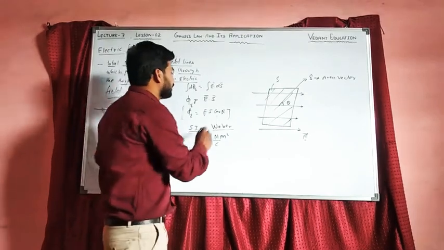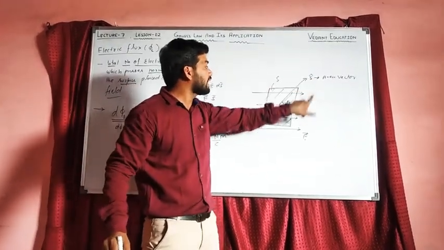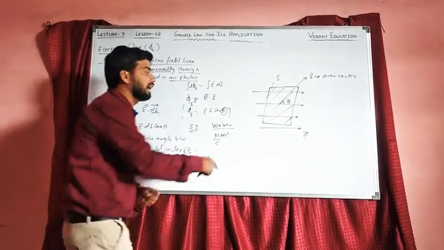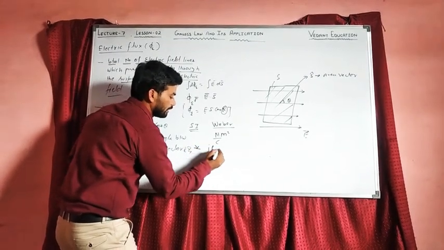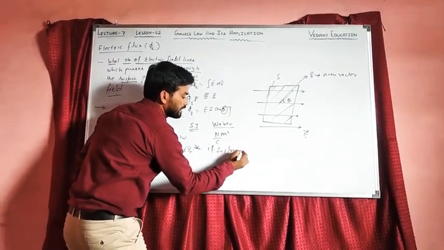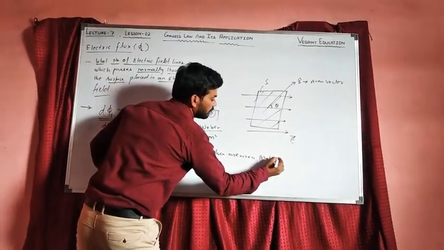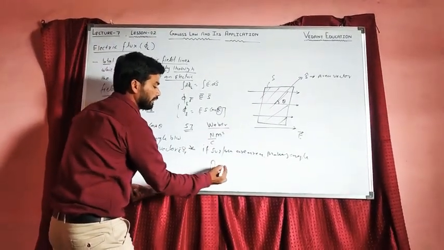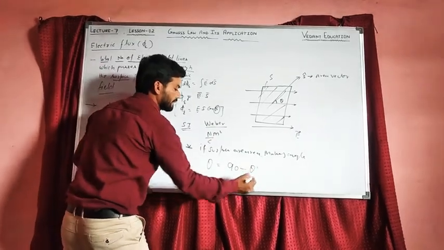So we always take the angle which the area vector makes with the electric field. If the surface area makes an angle, then in that case your theta will be 90 minus theta dash.